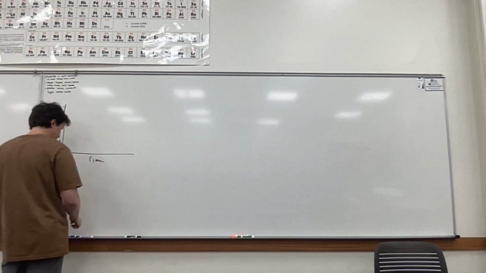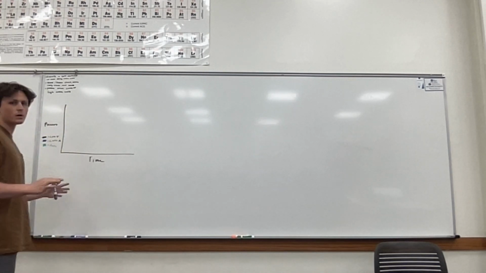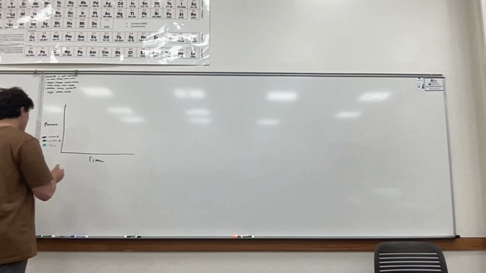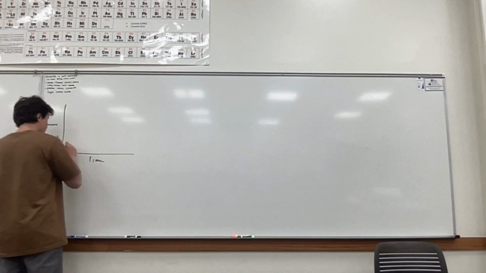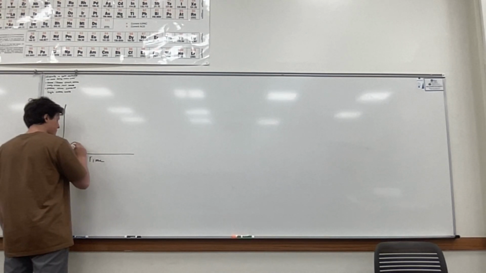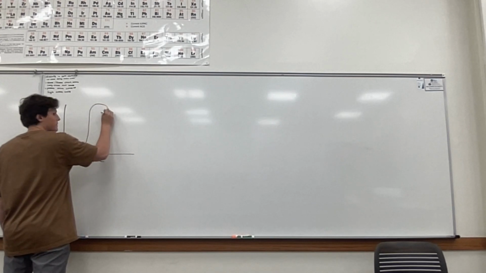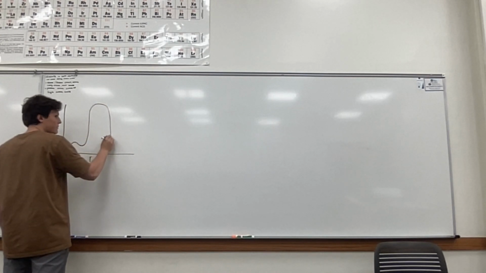Okay, so I'm going to draw this out and then I'm going to explain what happens in it as we go. So for our left ventricle, you have a little bump in pressure, and then you're going to have a very big bump. Come back down.